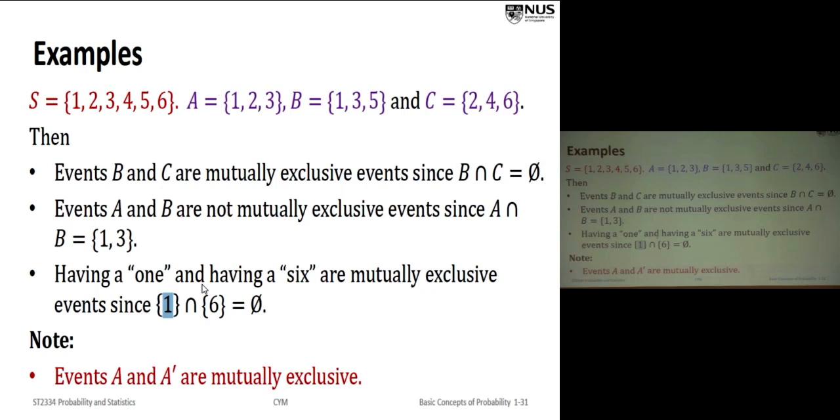If I take the intersection, nothing in the set 1 belongs to the set 6, so this intersection is precisely empty. So they're mutually exclusive.